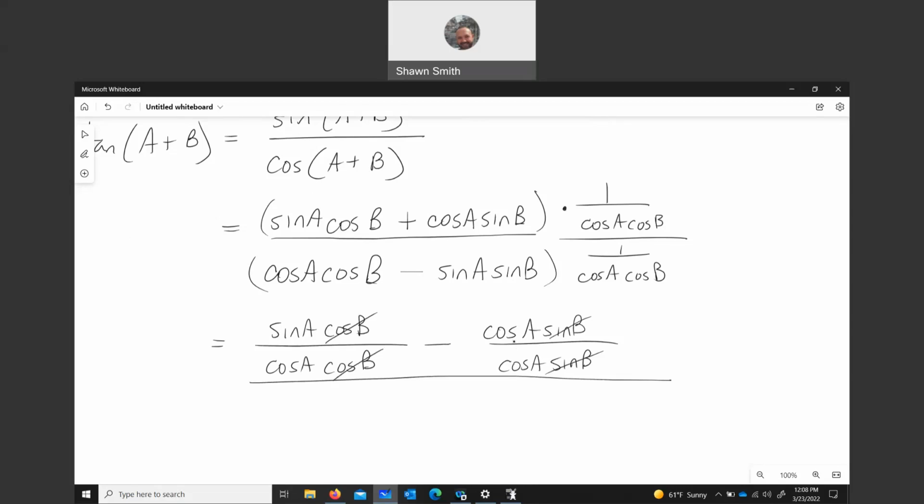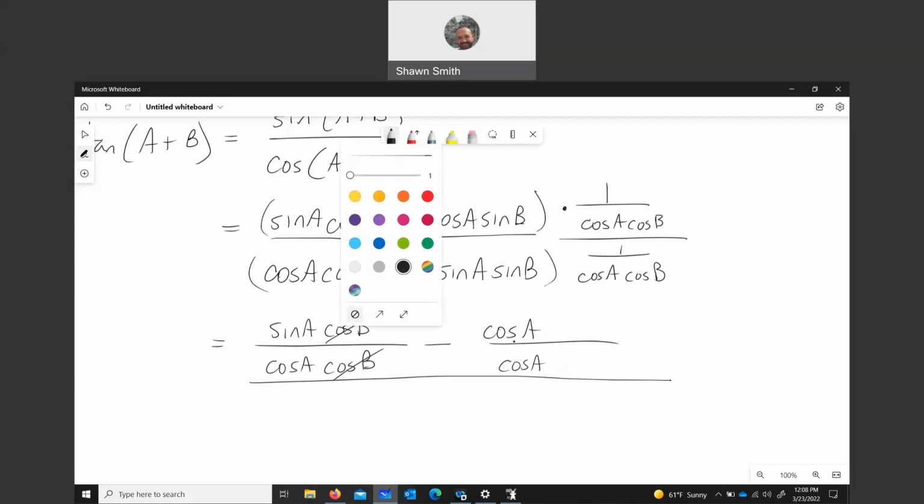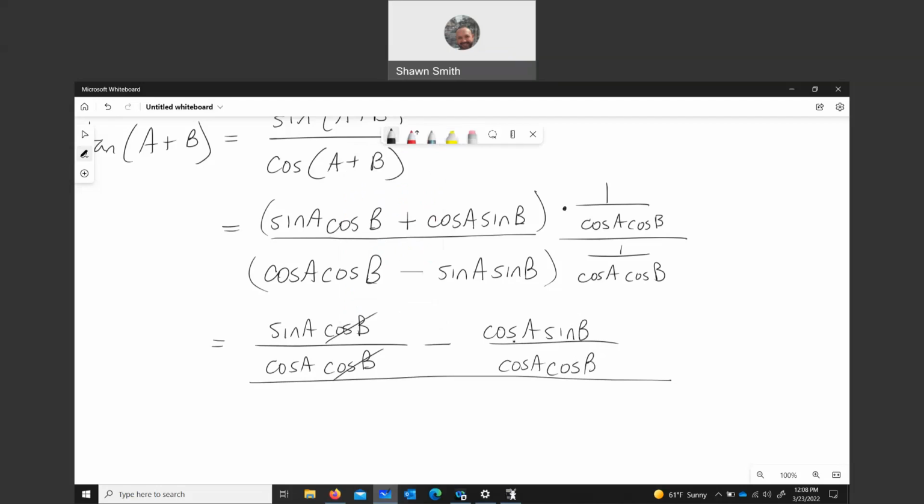Oh wait, I messed up somewhere. This is not that. Where's my eraser? This should be cosine A, cosine B. So the cosine A's cancel out, right?